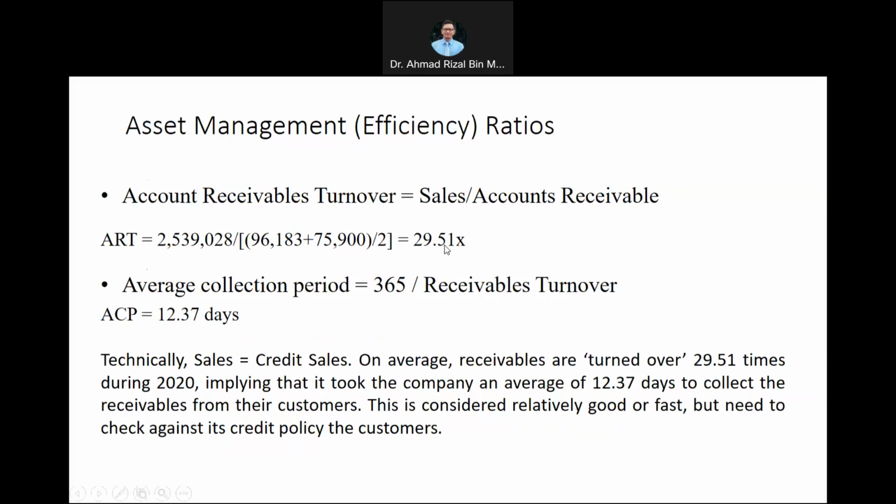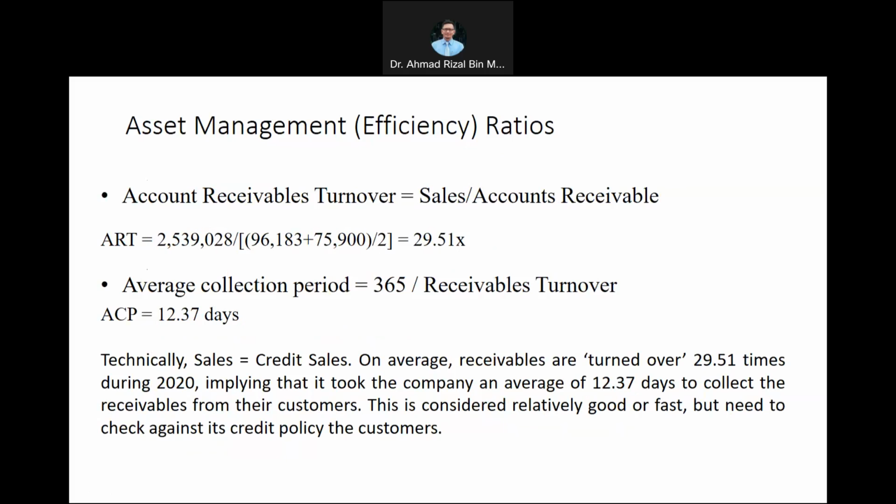So receivables are turned over about 29.5 times during the year. This is equivalent to 12.37 days of average collection period, showing that it takes the company an average of 12.37 days to collect the receivables from its customers.